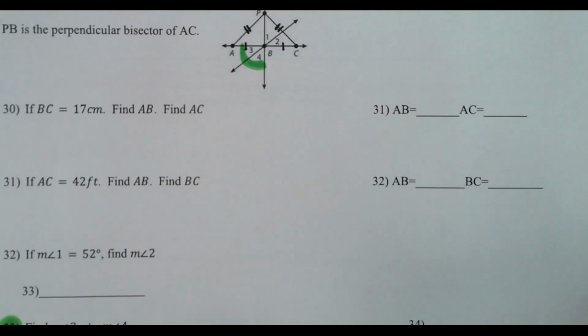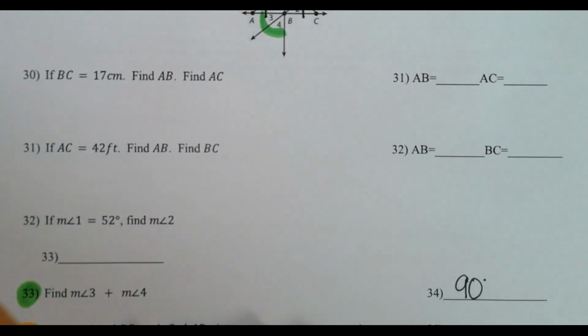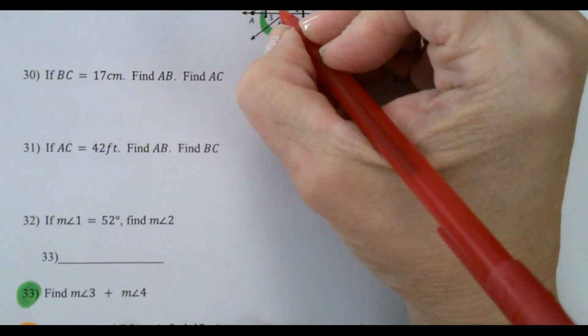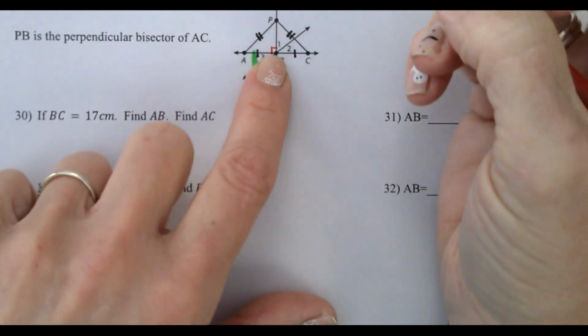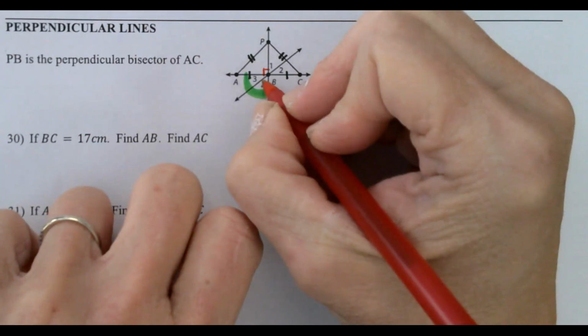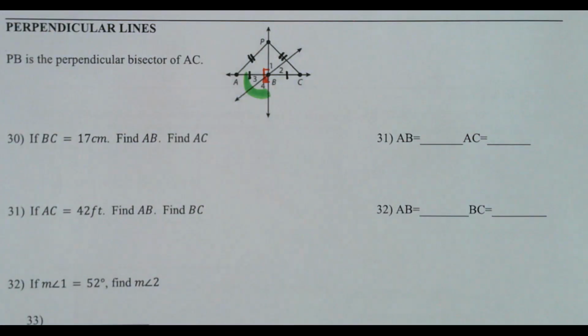You're not wrong, but why? Because the line is the bisector? Yes, it's a perpendicular bisector. And if that is perpendicular and 90 degrees, guess what this side is? That side is also 90 degrees. Okay?